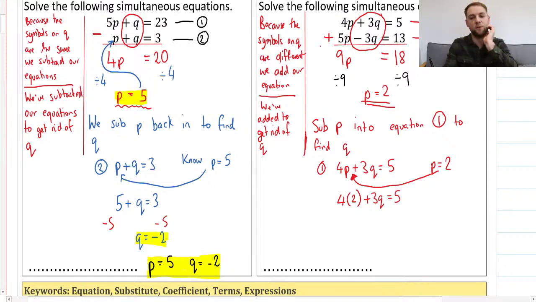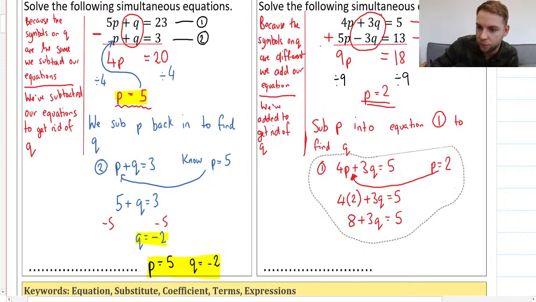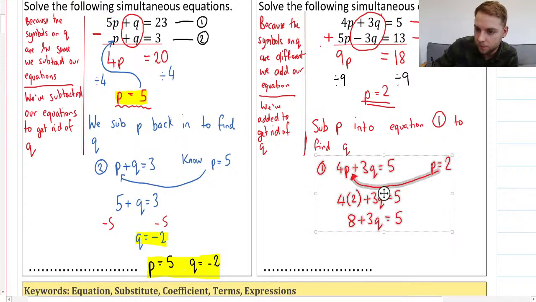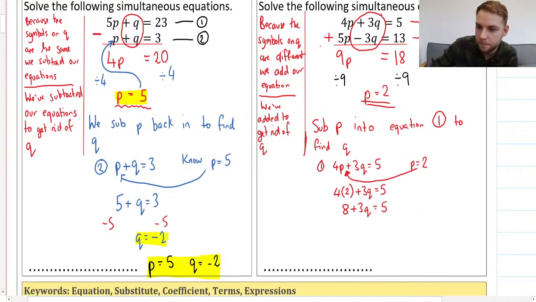So with this one here, we've got to simplify our equation before we can solve it. We've got to do 4 times 2, which is 8, plus 3q is equal to 5. And now I can solve my equation. So let's make this a little bit smaller so I've got enough room. Okay.